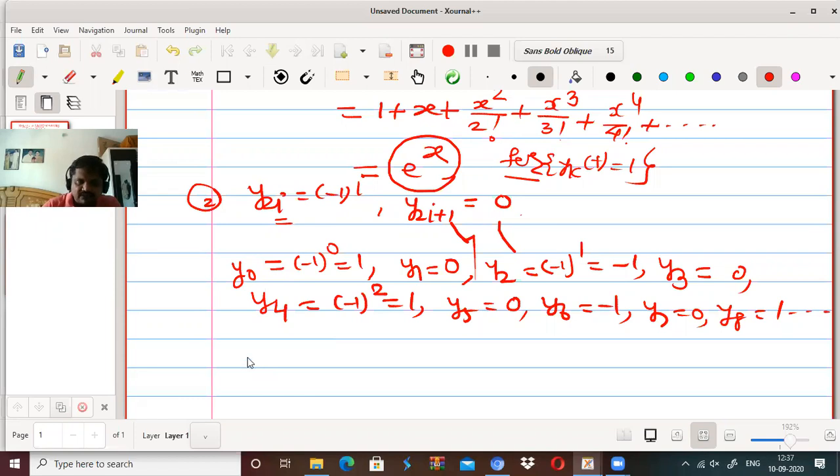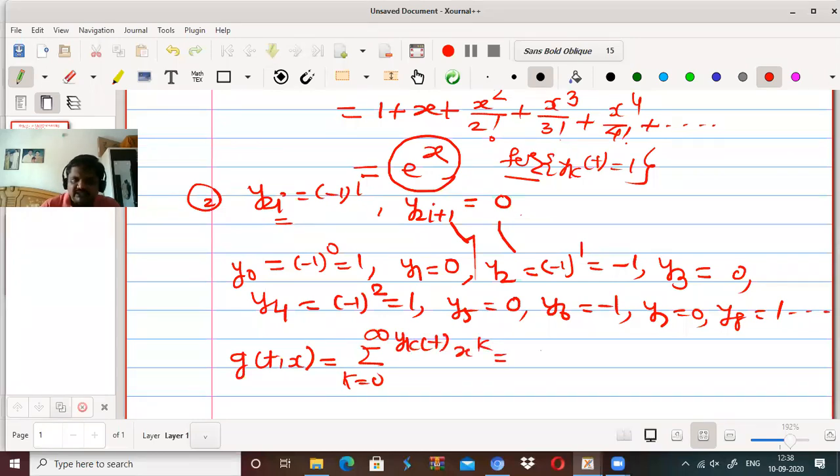Therefore now G(t, x) becomes summation k from 0 to infinity y_k^t into x to the power k.